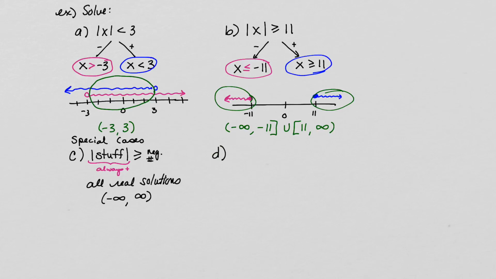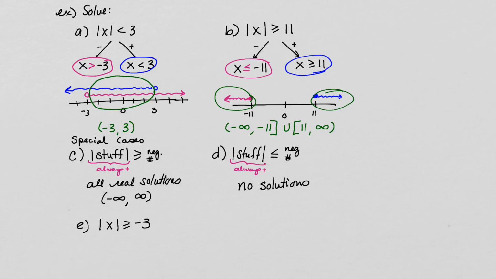On a similar note, if we ever had the absolute value of a bunch of stuff being less than or equal to a negative number, again, the absolute value is always positive. So if you're always positive and you're less than or equal to a negative, this would be no solutions. So for example, if I had the absolute value of x bigger than or equal to -3, that would be all real numbers, so minus infinity to infinity.